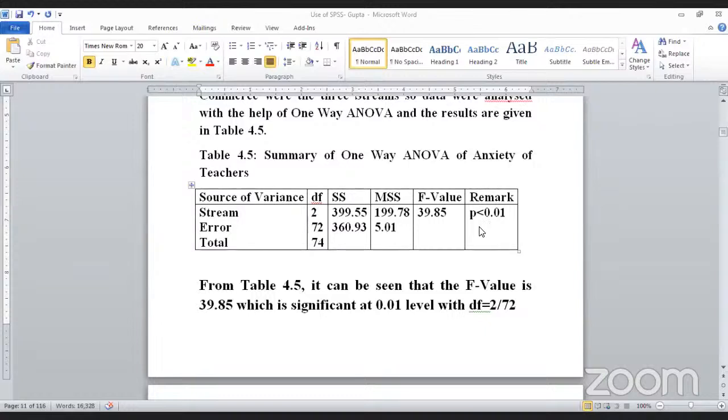If the F value is not significant, then it means the mean scores of that particular variable of the group do not differ. So it is from here only. I have not to show you anything. Sachin, are you able to understand?